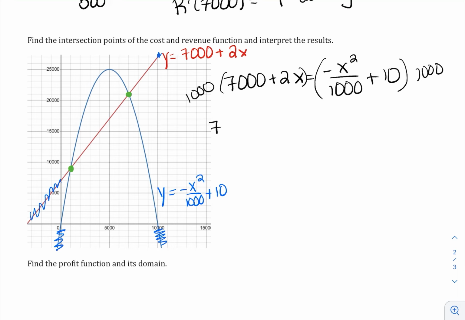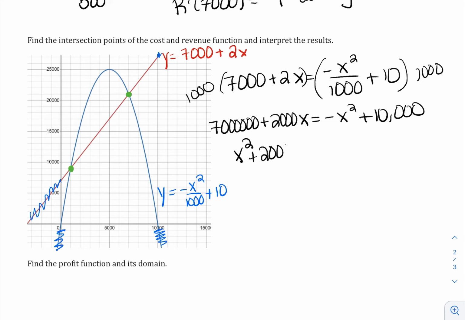So this is going to give me 7,000 plus 2,000x is equal to negative x squared plus 10,000x. And then I'm going to bring everything to the left to make the x squared positive. So x squared plus 2,000x. And let's see how much I have here.